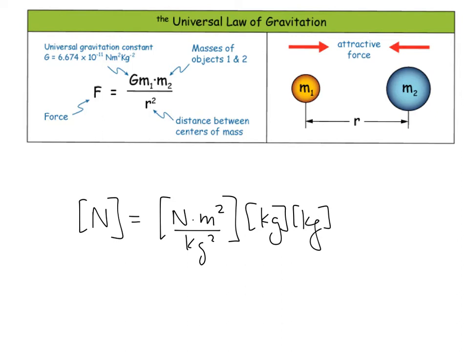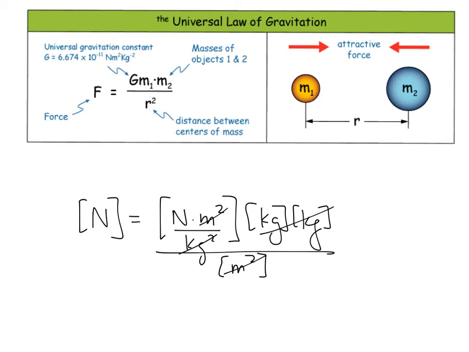Obviously that's going to give you kilogram squared. You can see where this is going. And then R is a distance, so it's going to be measured in meters. And it's squared, so. Okay, so right away, you know you can cancel this and this, because that's just going to be kilogram squared. Your meters are going to cancel out, and you're left with newtons equal to newtons.